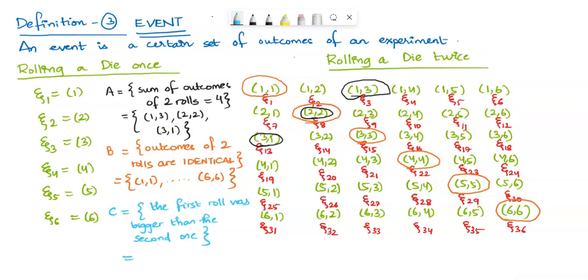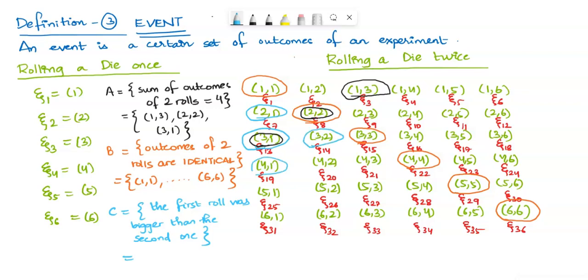In this case, in the first row we have 1, 2, 3, 4, 5, 6, and all numbers are greater than 1, so it does not satisfy this event C. If we see the second row, we have this as a possible outcome. For the third row, we will have these as possible outcomes.